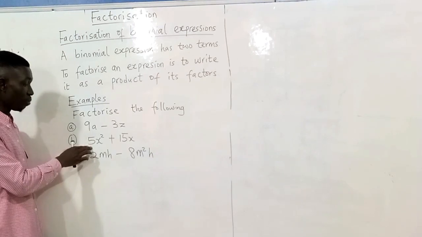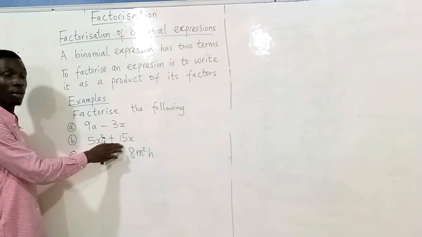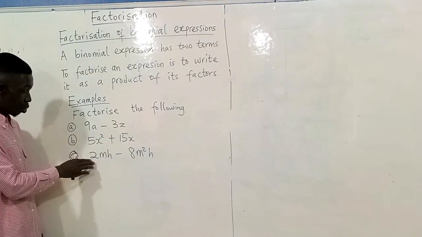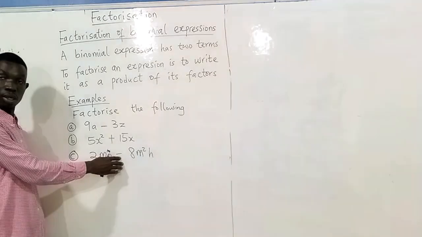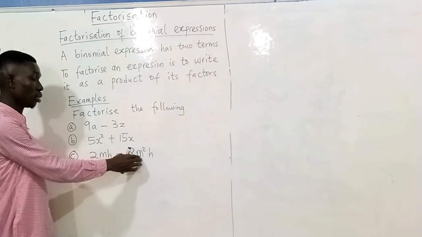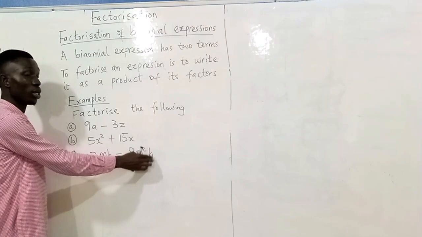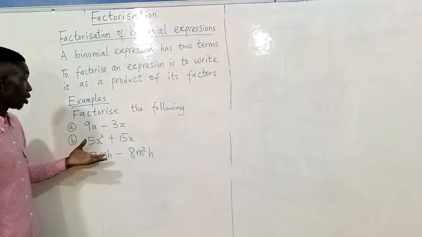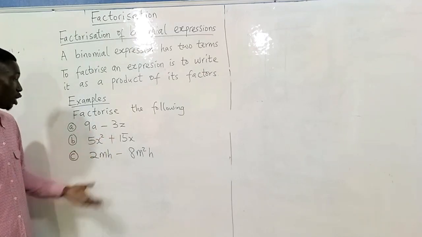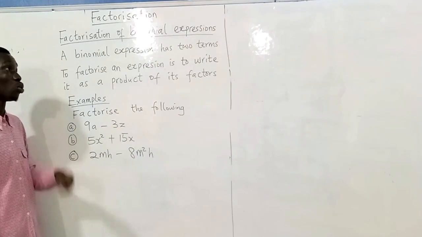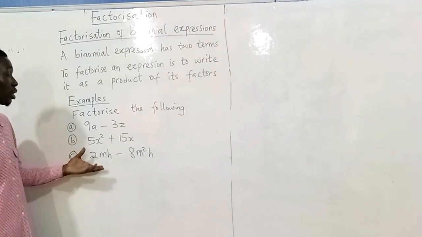We have another with 5x squared and 15x. On this one we have 2mh and on the other side minus 8m squared h. So these are algebraic expressions. They contain just two terms. So we are going to factorize them.